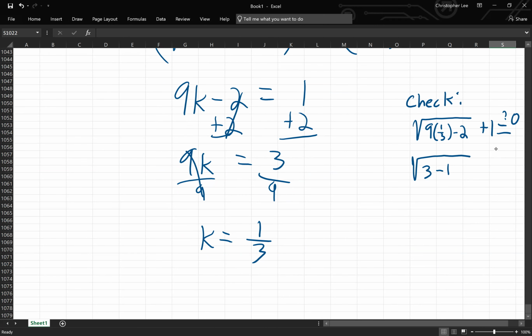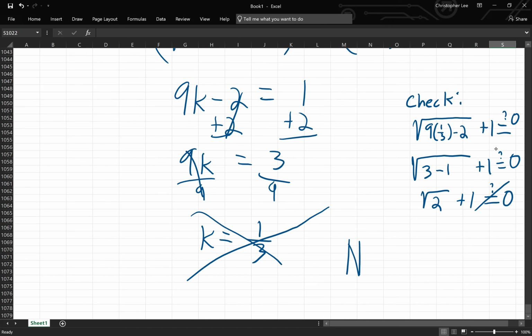So the square root of 3 minus 2, plus 1, allegedly might equal 0. 3 minus 2 is 1, so that's the square root of 1 plus 1. That might equal 0, but in fact, it does not equal 0. So therefore, this is not the right answer, and the right answer is no solution.